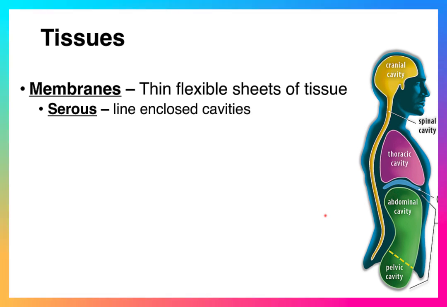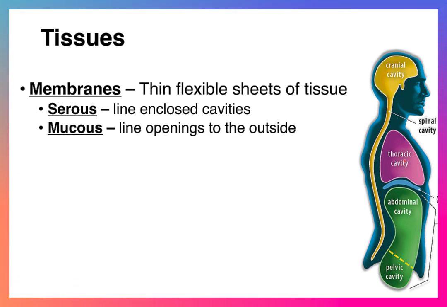So for example, we have the serous linings or the serous membranes, and these line the inner parts of these various cavities that we went over. For example, we have the thoracic cavity, which has what's called a pleural lining, or the pleura, and the pleura is a serous lining that encloses this cavity. The peritoneal lining or peritoneal membrane covers the abdominal and pelvic cavity, etc.